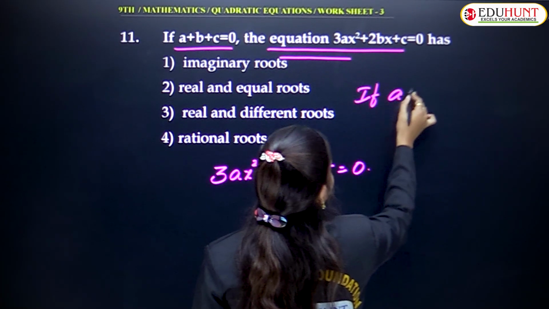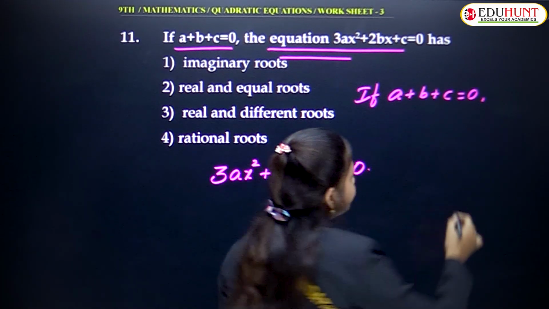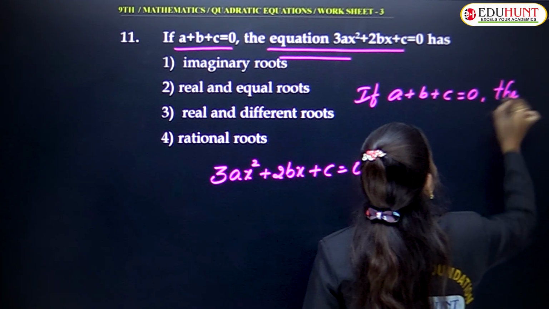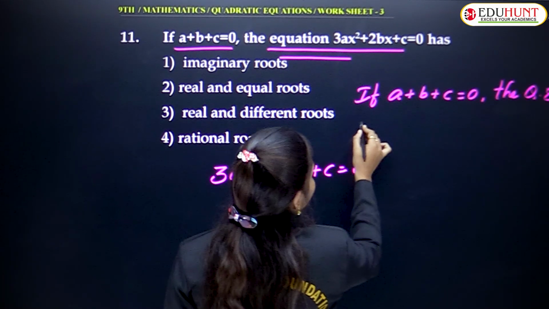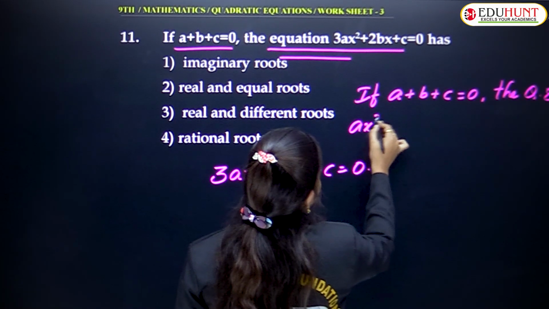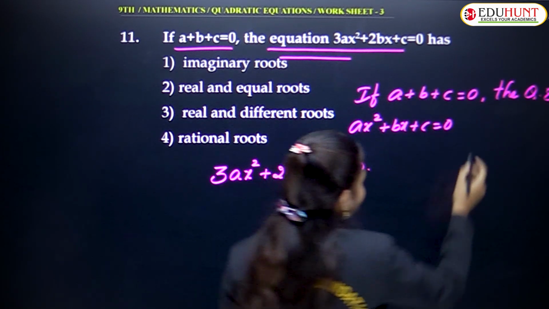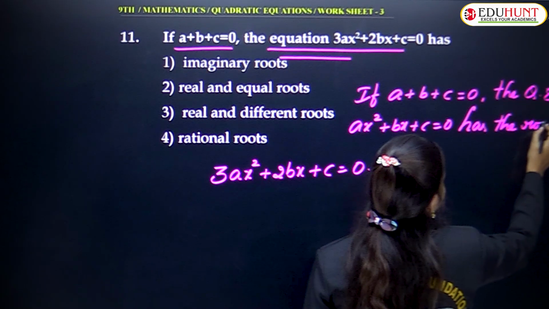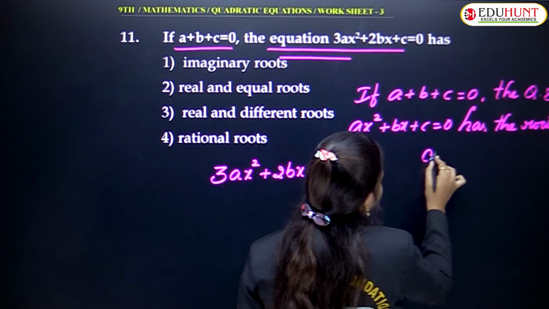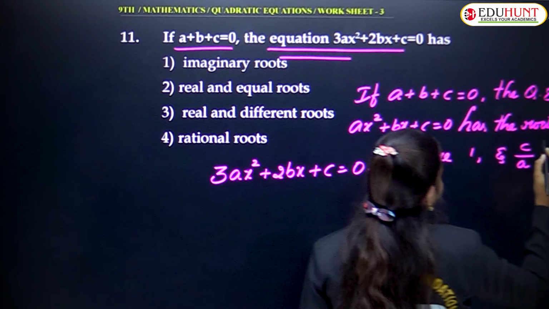If a plus b plus c is equal to 0, the quadratic equation ax square plus bx plus c is equal to 0 has the roots 1 and c by a.